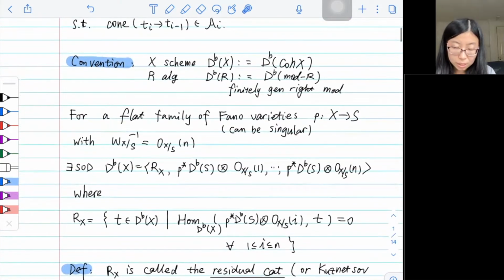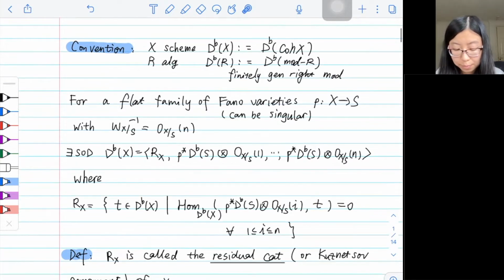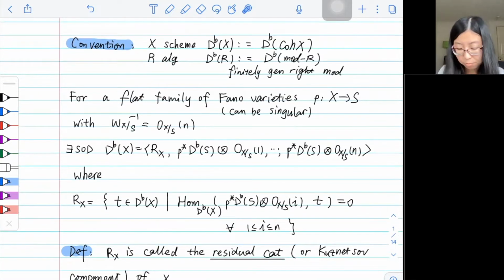More concretely, this will consist of objects inside D^b(X) such that there's no Hom from all these pieces, where i is between 1 and n, to the object.